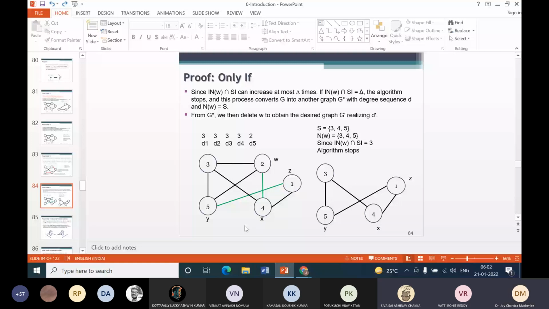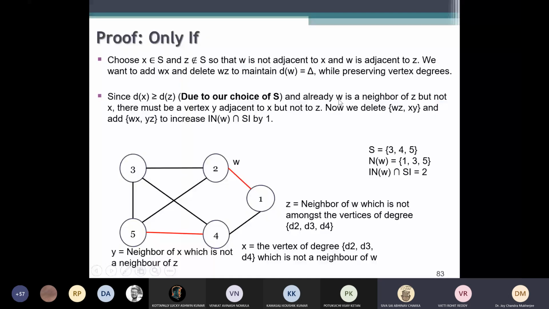Since degree of X is greater than or equal to d_Z, and W is already a neighbor of Z but not X, there must be a vertex Y adjacent to X.